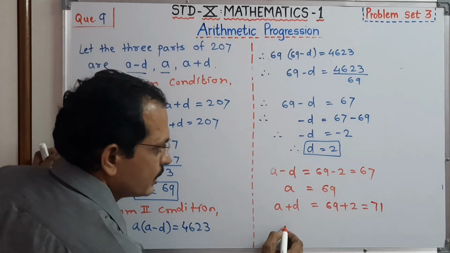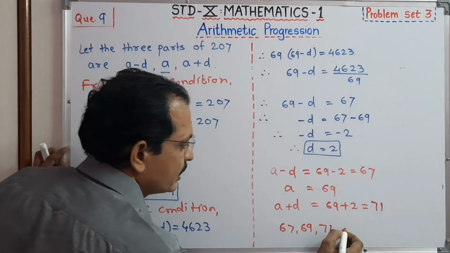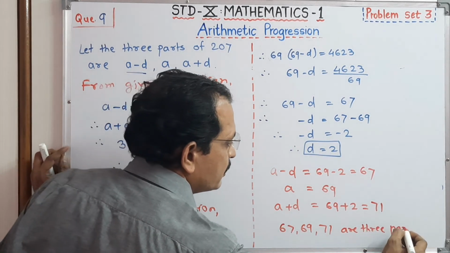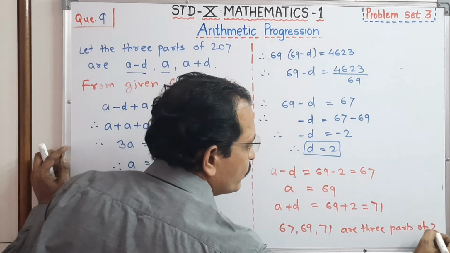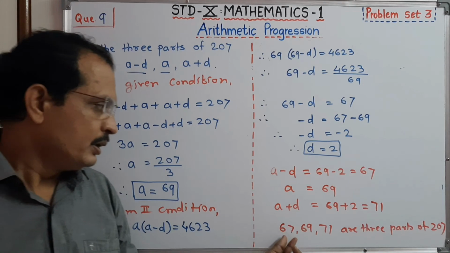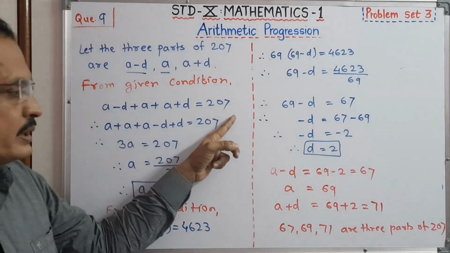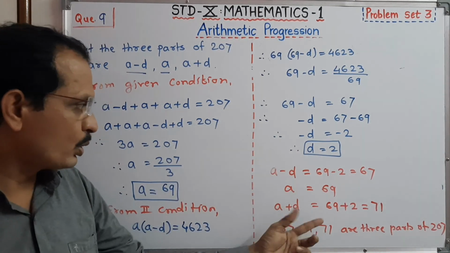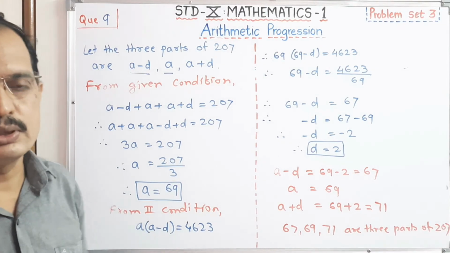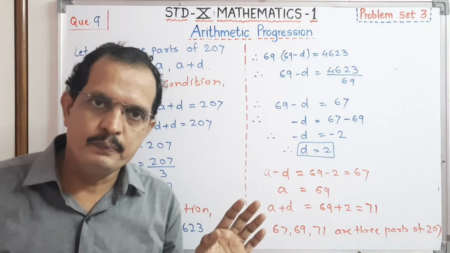Therefore 67, 69 and 71 are three parts of 207 which are in AP. If we make the sum of these, it will be 207 and the product of the two smaller ones will be 4623. Dear student, this is our 9th sum completed.